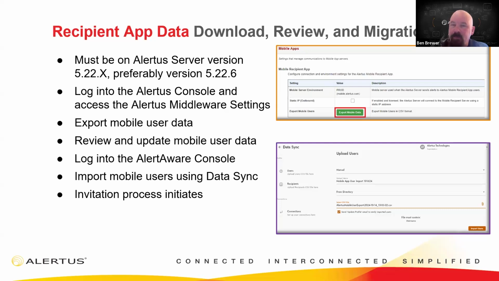And the nice thing about AlertAware is that within the console itself, if it does complete and it does have errors, you have the ability to click on the name of the import that just completed and evaluate those errors and compare it to the line item within the CSV that AlertAware is rejecting for whatever reason. And in this case, it'll either be user ID, primary email, or something amongst the groups that are listed within the CSV file.